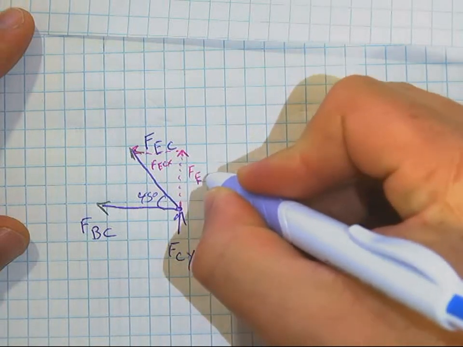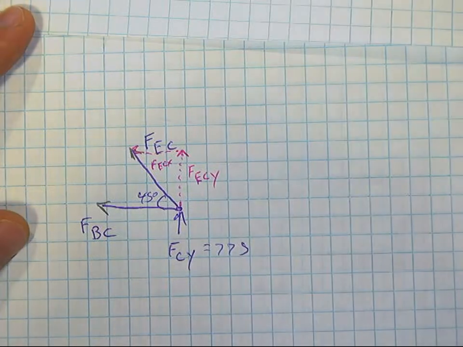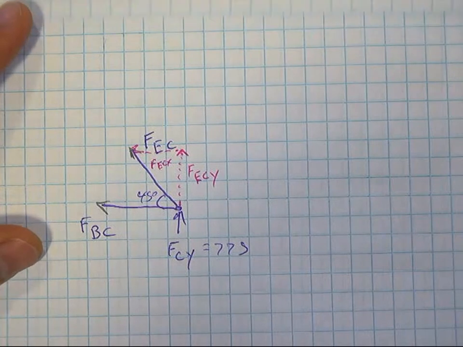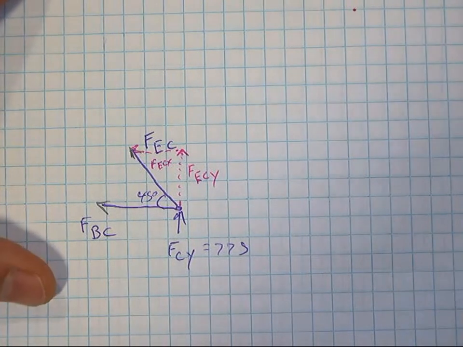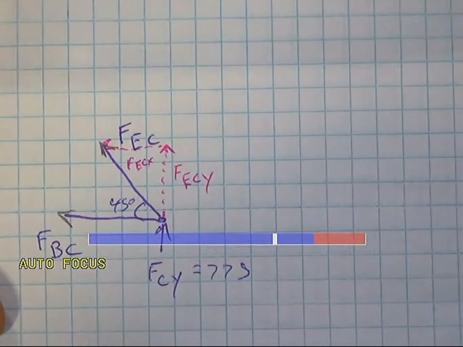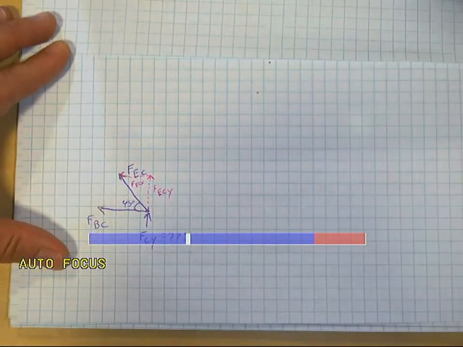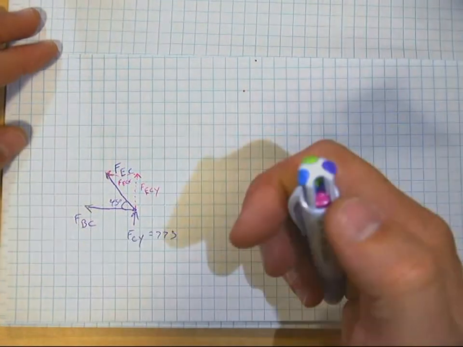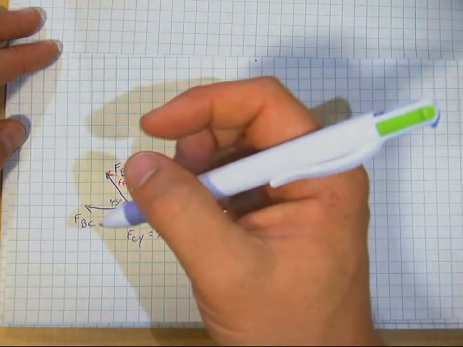That's going to be our x and y components of FEC. All right, and this is going to go very directly along the lines of how we solve for A. Okay, so let's go ahead and set up our equations.